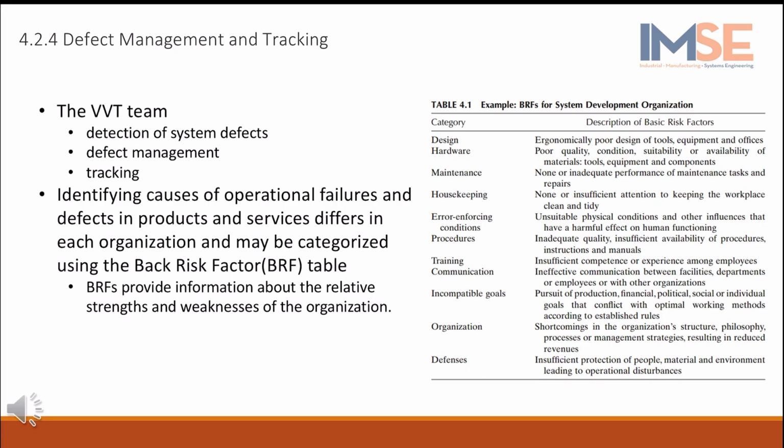Adequately controlling these BRFs will minimize the risk of business disturbance such as financial losses and diminished reputation. Table 4.1 depicts a list of BRFs associated with an organization engaged in developing and manufacturing large, complex engineered systems, with categories such as design, hardware, maintenance, housekeeping, and more, and it has a description of the business risk factors.